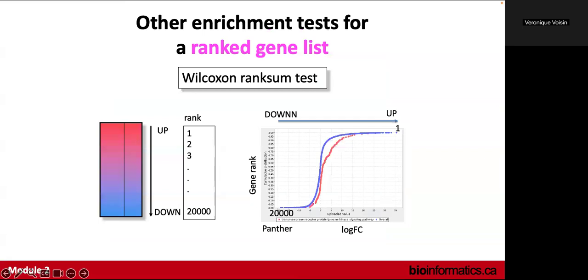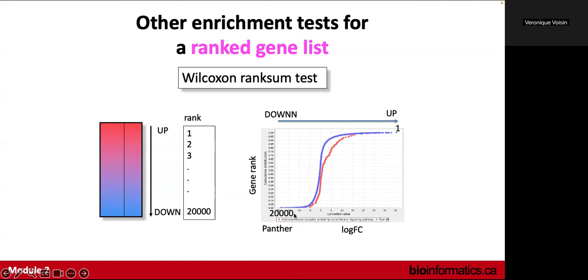So I mentioned the Wilcoxon rank sum test, and it's another test that we could have used when we have a ranked list. It's non-parametric and it only considers the ranks of the genes. It's the same idea as GSEA, where if the pathway is enriched in upregulated genes, we should see a shift in the distribution compared to the null distribution.